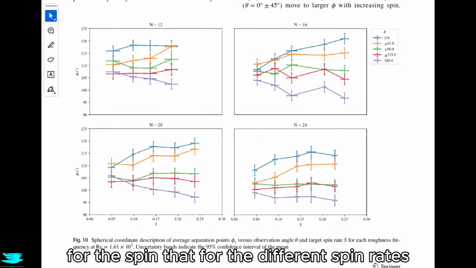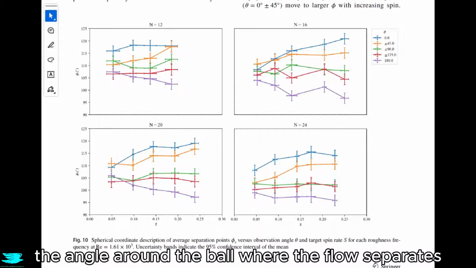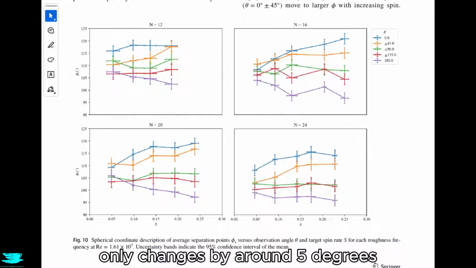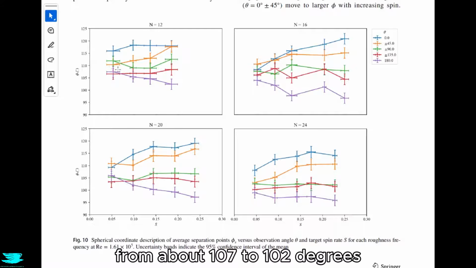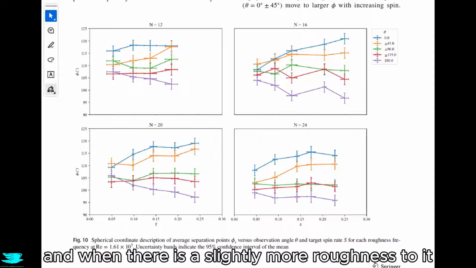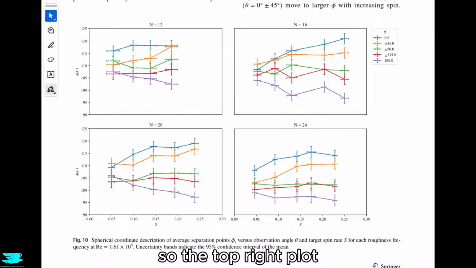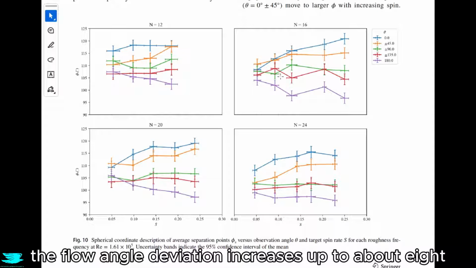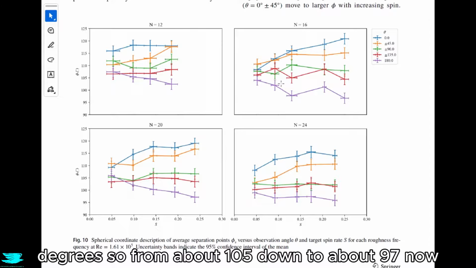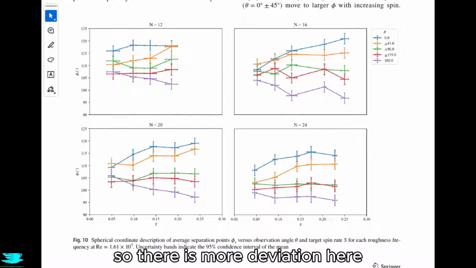For the different spin rates, the angle around the ball where the flow separates only changes by around 5 degrees, from about 107 to 102 degrees. And when there is slightly more roughness, so the top right plot, the flow angle deviation increases up to about 8 degrees, so from about 105 down to about 97 now. So there is more deviation here.